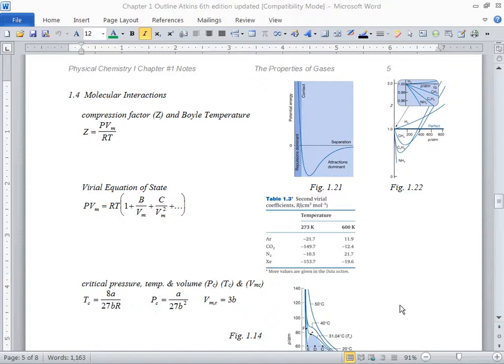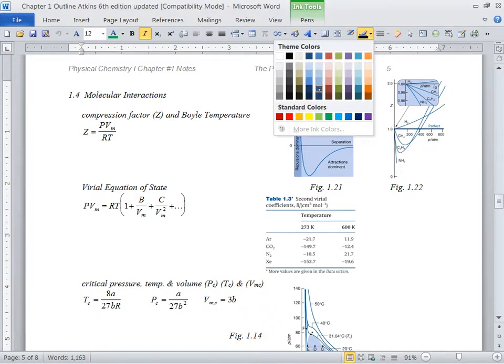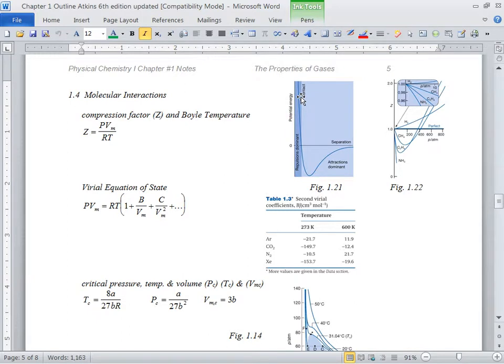So, however, in this compression factor, the reason why I say that is, doesn't that look like the ideal gas law? You've got a P and a V and an R and a T, except that the n is missing. And you got this V_m. What's that? Molecular volume or something?